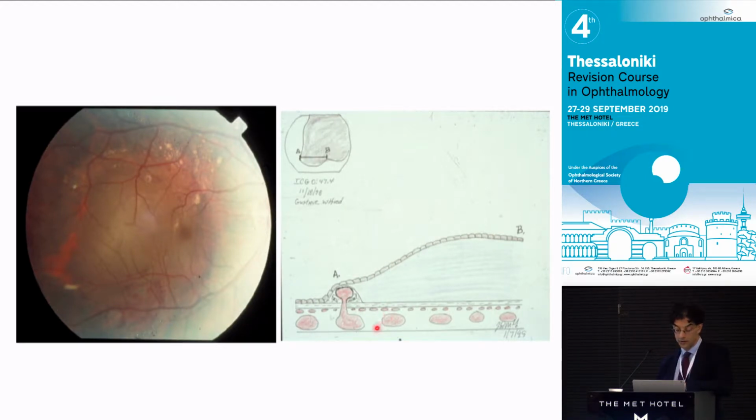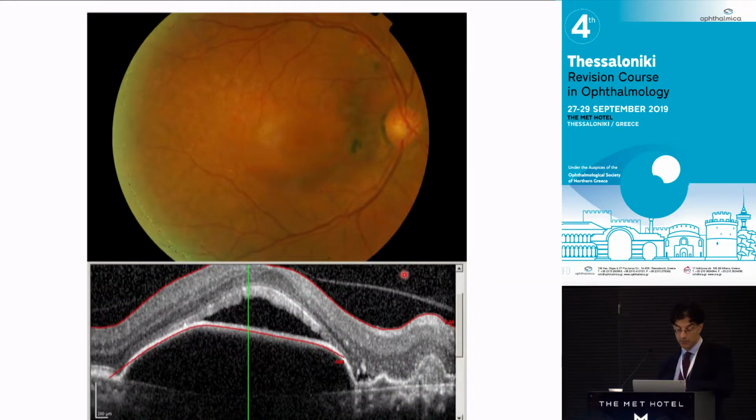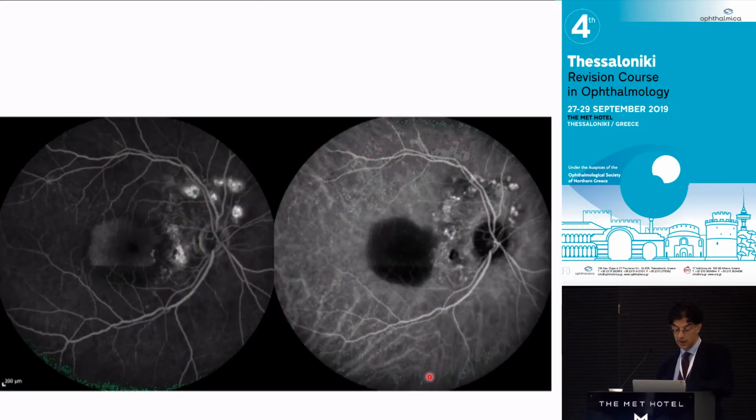So he hypothesized there are large choroidal vessels herniating above Bruch's membrane into the sub-RPE space. And this is a modern case here: serous PED, elevations, reddish nodules, ICG showing multiple nodules with a branching vascular network.